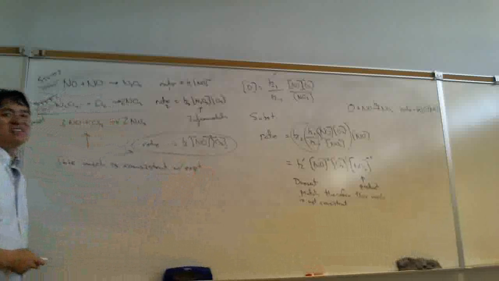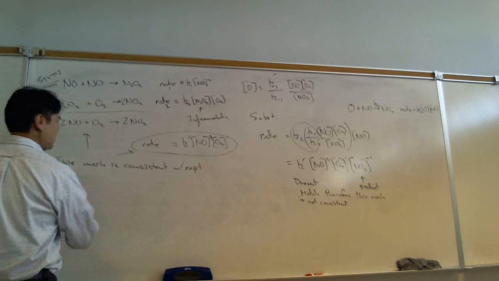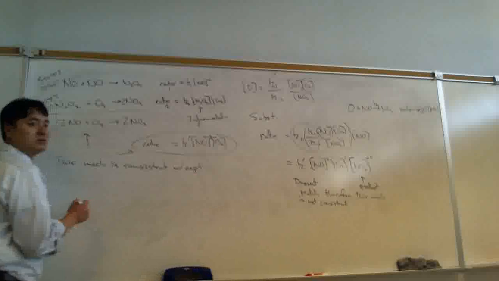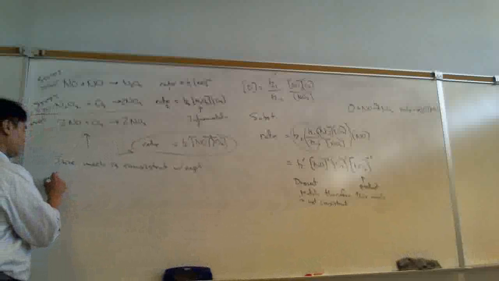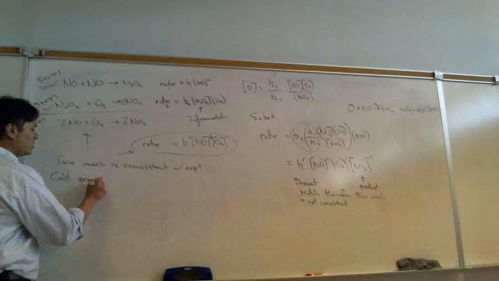But does it prove this mechanism is correct? The problem is we can't prove this because there might be other mechanisms that are consistent. So we can't prove it without additional experiments.